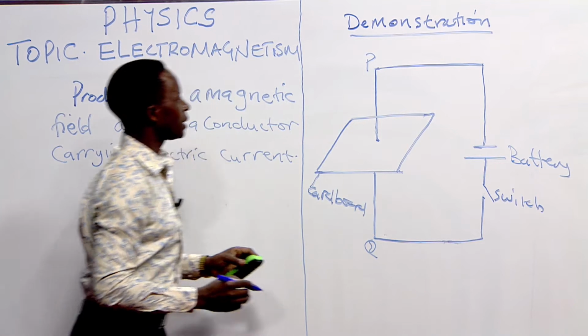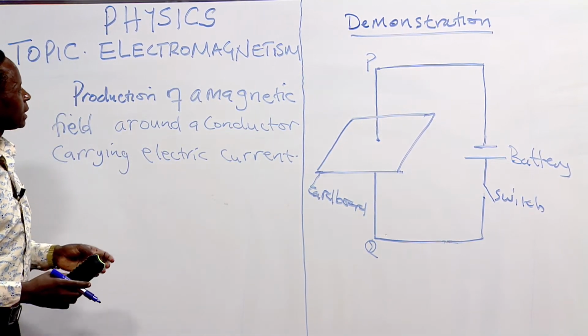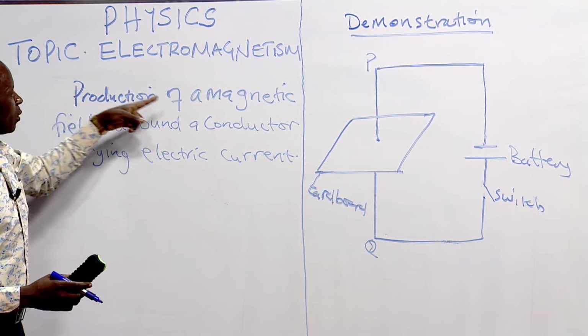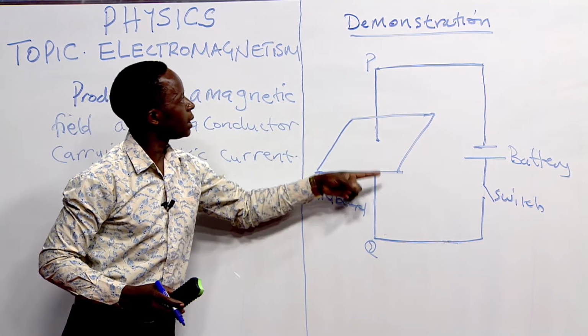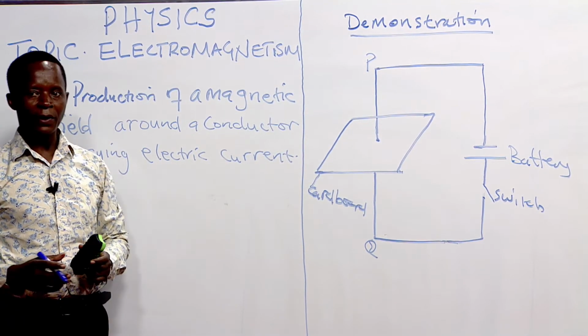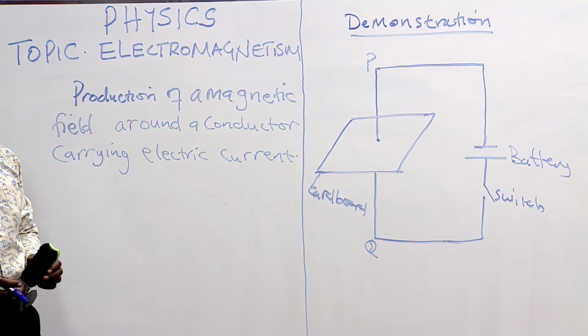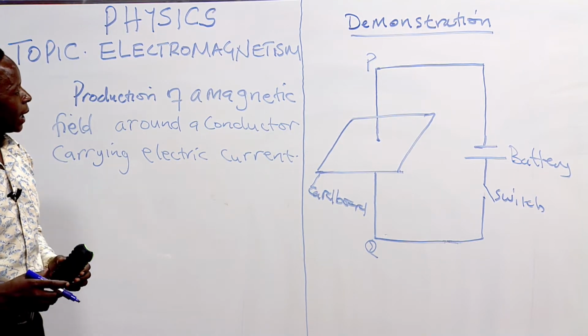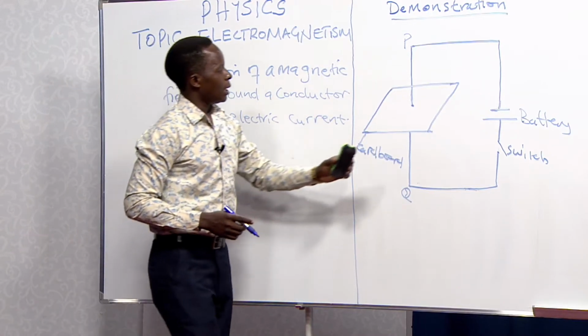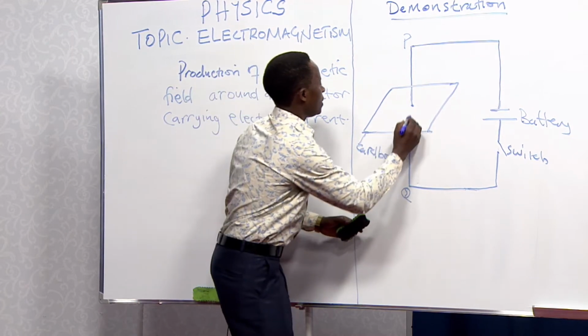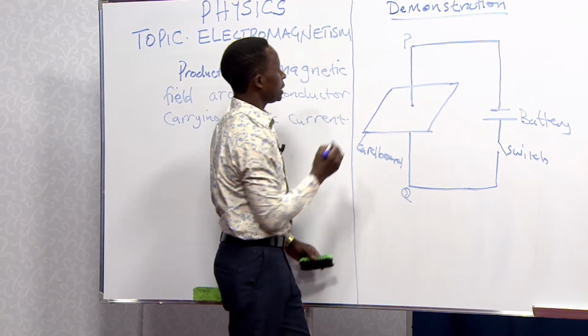So that's the arrangement. We want to demonstrate that when current flows in a conductor, our wire PQ, there is going to be a magnetic field produced around this wire. Okay, so we have this wire PQ passing through the cardboard.